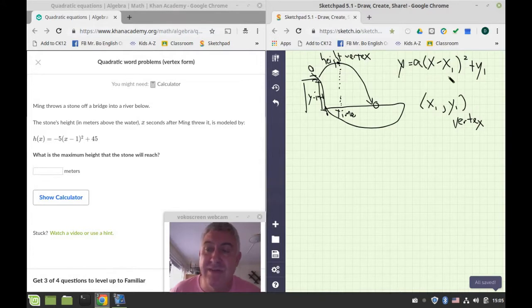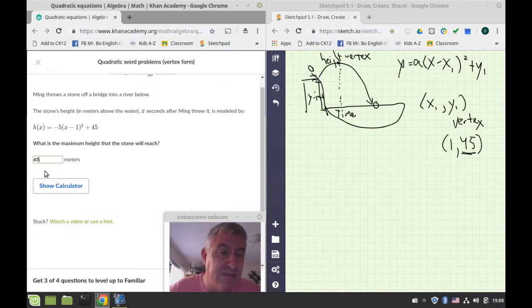If we already have it in this form, we can easily find the vertex. The vertex is going to be at x equals 1, and plus y1 over here, plus 45, so it's going to be at 45. So what is the maximum height the stone will reach? The answer is 45.